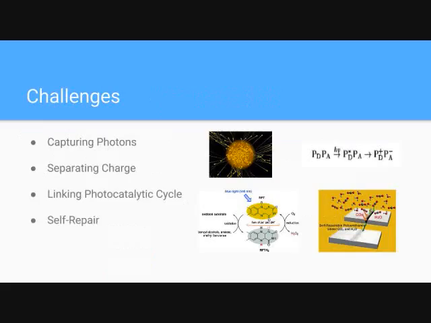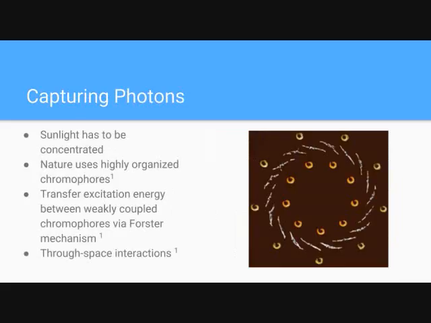While the possibilities of artificial photosynthesis can be greatly beneficial, there are difficulties that must be overcome to create such a system. The four main challenges that scientists face are capturing photons, separating charge, linking together a photocatalytic cycle, and self-repair. In order to capture photons, sunlight must be concentrated to efficiently convert it to useful energy.